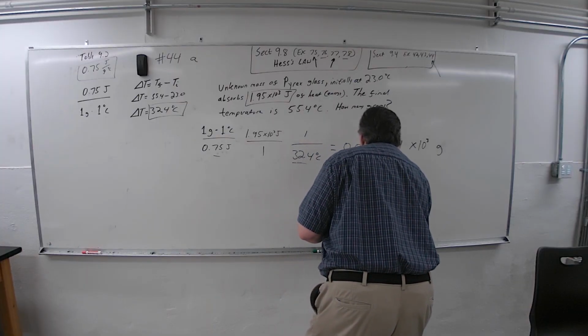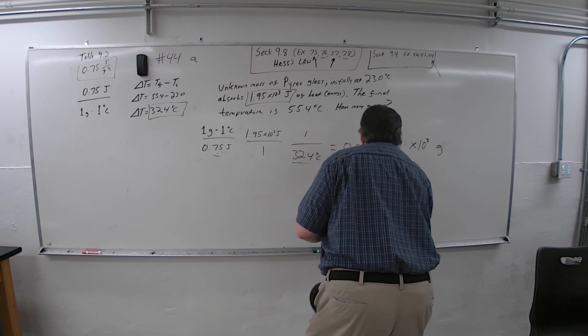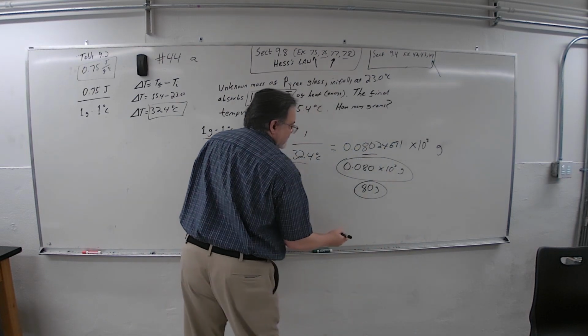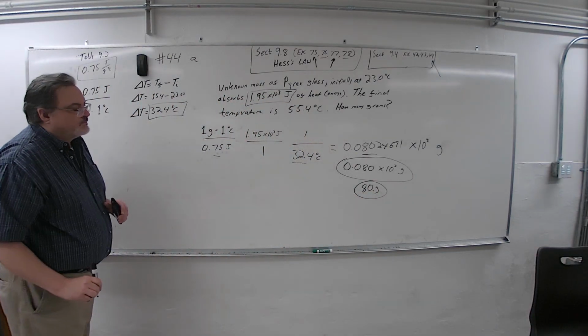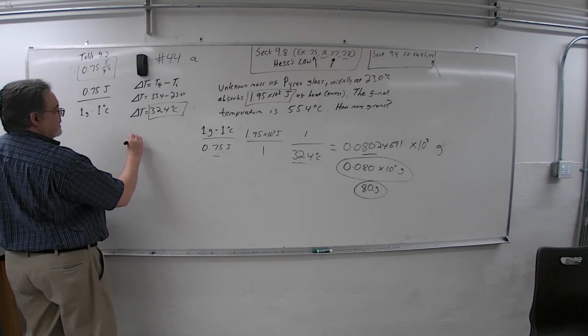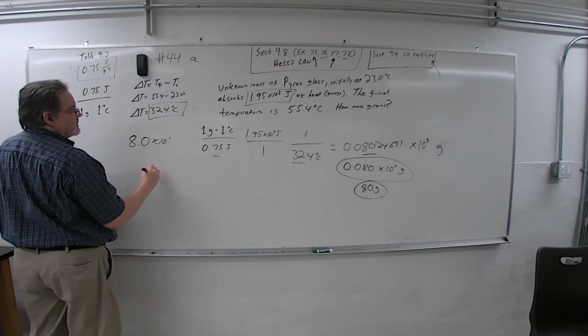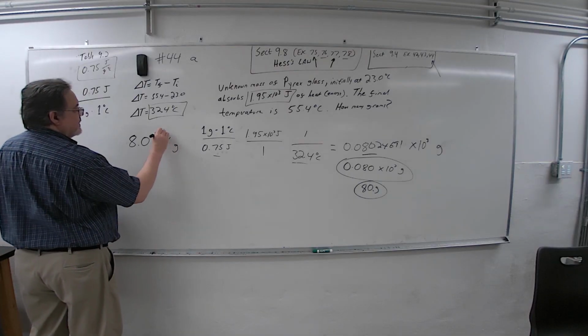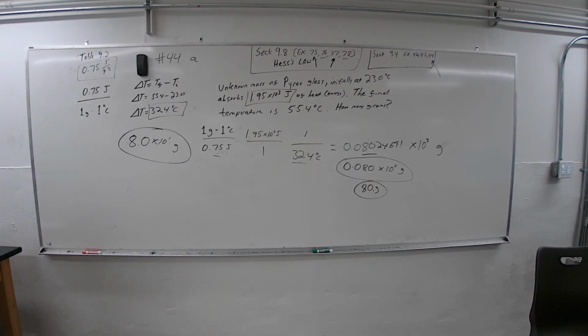If I did the times 10 to the 3, 1, 2, 3, I would have 80 grams. That's also correct, but I need to put a decimal there to indicate the two significant figures. In scientific notation, you can do 8.0 times 10 to the 1 grams. You wanted standard scientific notation. You guys okay with that?